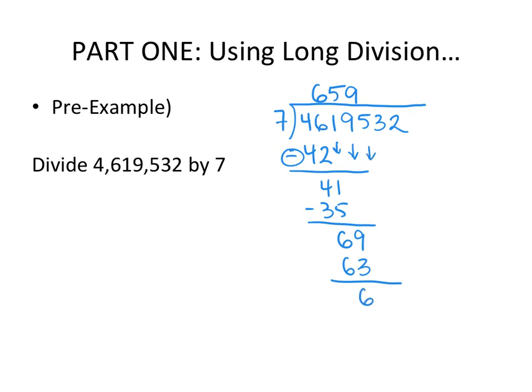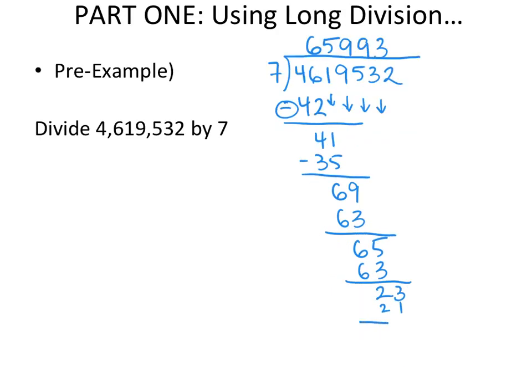Bring down the 5. 7 goes into 65 also 9 times evenly for 63. We get 2 when we subtract, bring down the 3. Oops. 7 goes into 23 3 times, which is 21. I subtract, which is 2. Bring down the last number, which is 2. 7 goes into 22 3 times again, with 1/7 left over.